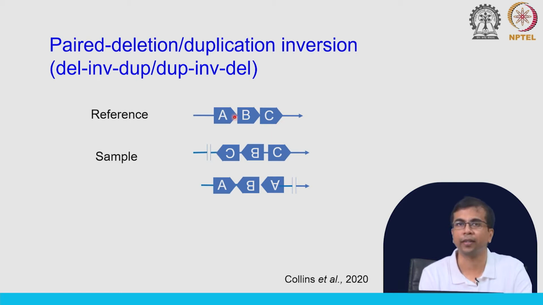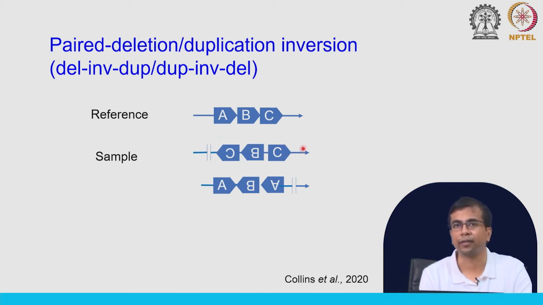So, if you see this in the reference, you have ABC, the A region is deleted, right, but the C is duplicated, okay. You have created two copies of C by this event, but the A region is deleted, you cannot find any A here, okay.